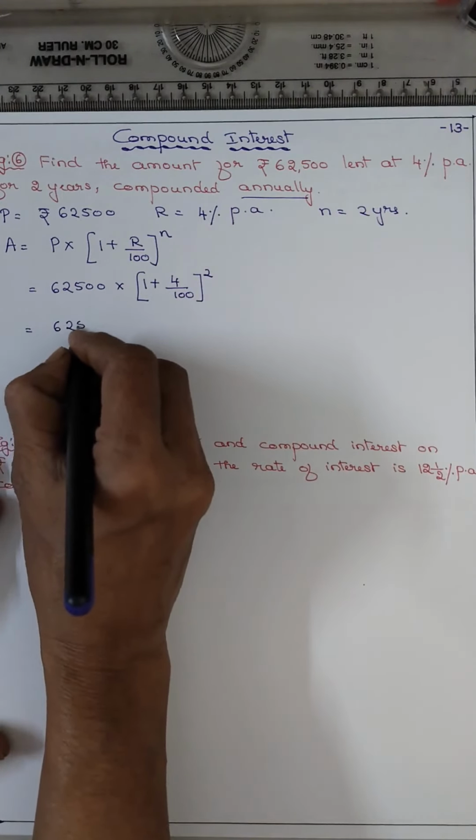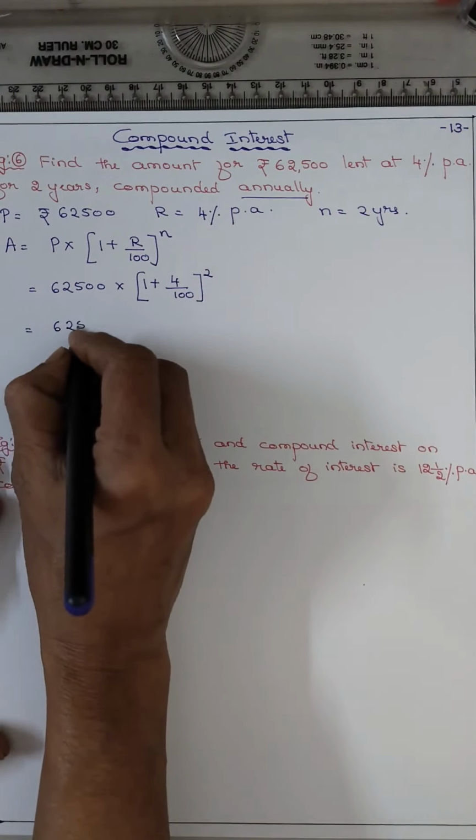Now, example 7. Find the amount and compound interest on rupees 33,280 for 3 years if the rate of interest is 12.5% per annum compounded annually. Underline annually.